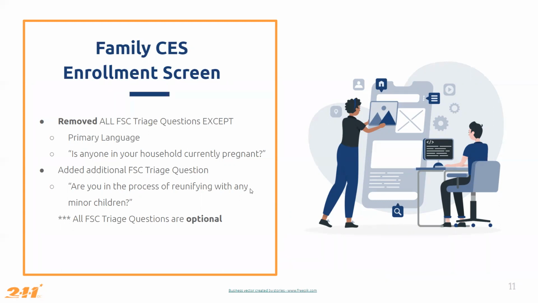An additional question has been added to the triage, and it asks, are you in the process of reunifying with any minor children? Keep in mind that all of these Family Solutions Collaborative triage questions are optional, so they are not required in order to save the enrollment.